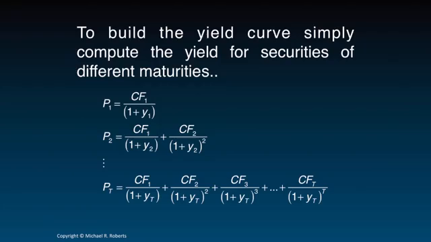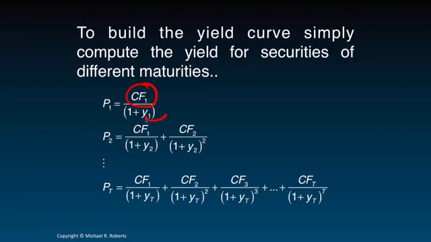Without getting into the institutional details and the semi-annual compounding and quoting conventions associated with treasuries, let me just talk conceptually. If I want the 1 year yield, I would take the cash flow at year 1, divide by 1 plus y1, set it equal to the current price, and solve for y.